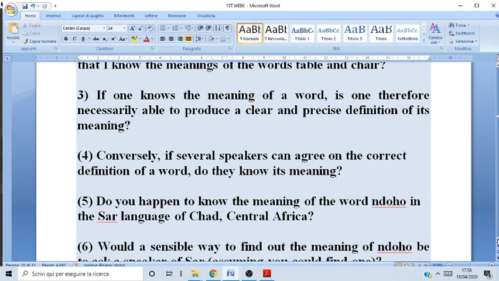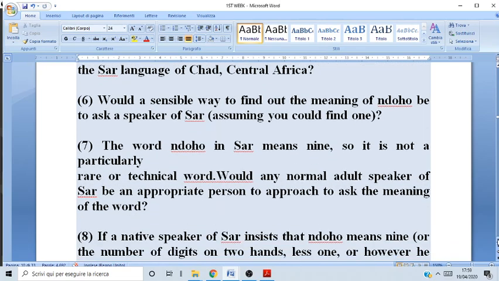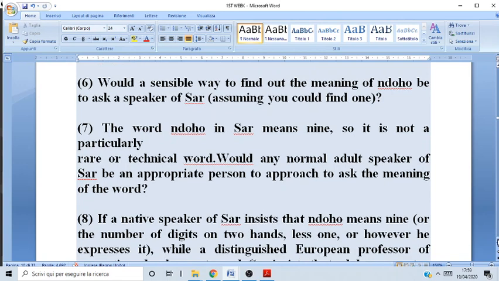Do you happen to know the meaning of the word ndoho in the Sar language of Chad, Central Africa? Would a sensible way to find out the meaning of ndoho be to ask a speaker of Sar, assuming you could find one? The word ndoho in Sar means 9, so it is not a particularly rare or technical word.